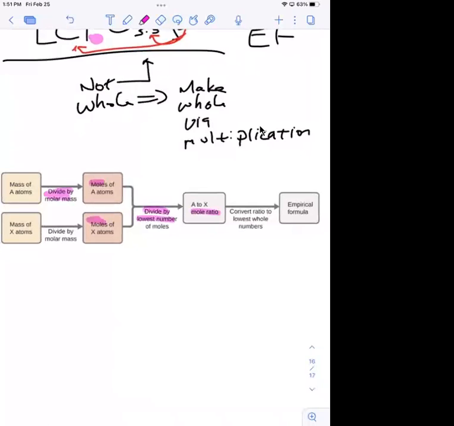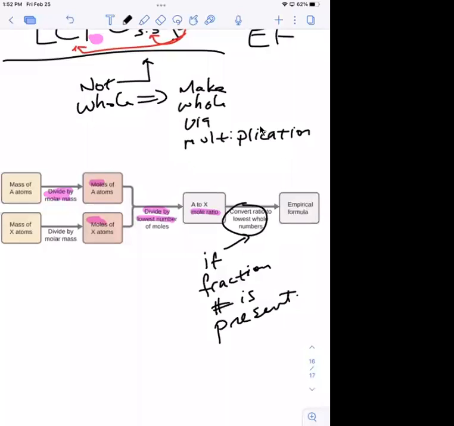And then take that ratio, and if it's a fraction, you can convert it into a whole number by multiplying through by some factor to make it a whole number. So if we have a fractional number present, then we can do that part to get to the empirical formula.